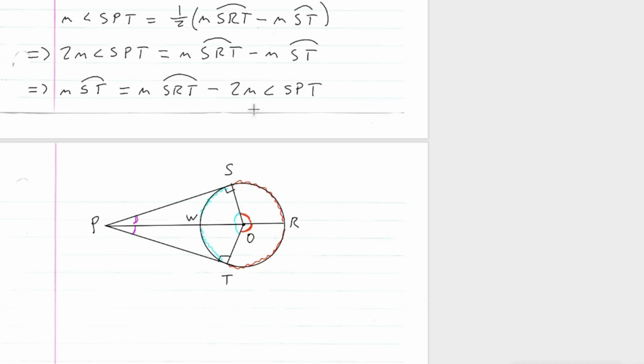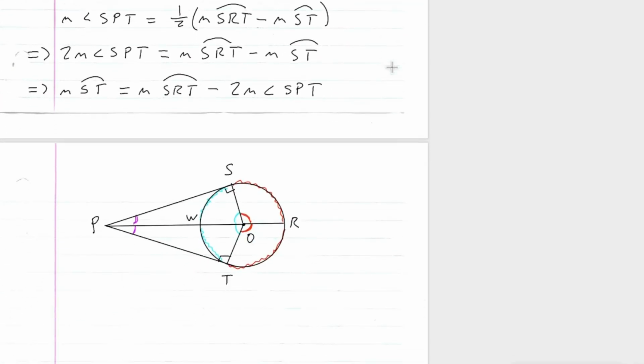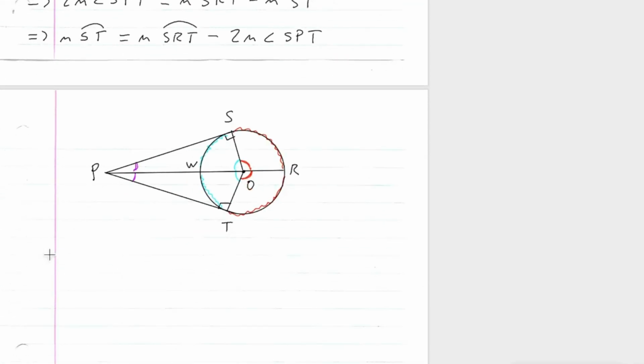Okay, so remember, I want to show that ST is equal to 180 minus measure of angle SPT. So this implies that the measure of arc ST is equal to the measure of arc SRT minus the measure of angle SPT minus the measure of angle SPT, right?